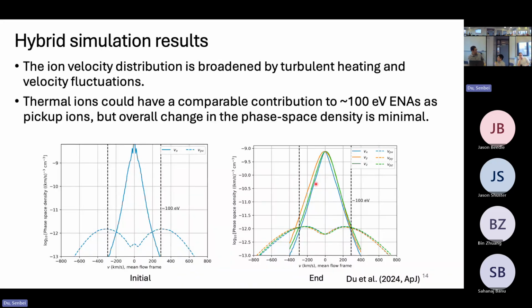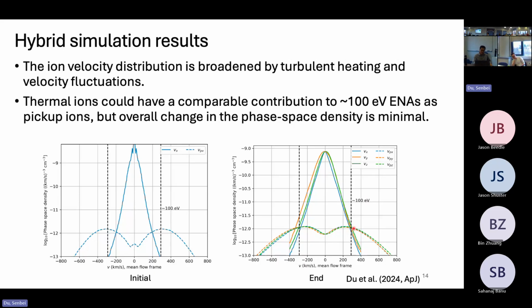The effect is that before turbulence, the transmitted pickup ions are the main ion population at 0.1 keV, but with turbulence, the thermal ions are heated enough that they become comparable to the transmitted pickup ions at these energies. But still, if we look at the overall change in the phase space density, it's very minimal. So although there are some effects of turbulence, it's not going to help with the ENA problem very much.